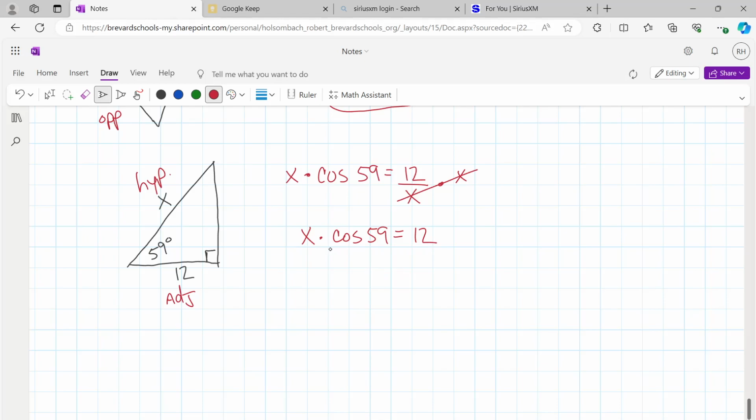Gonna divide both sides by cosine 59. The cosine 59s cancel out, and our x is equal to 12 divided by 59 cosine, and hit equals last. So 23.30.